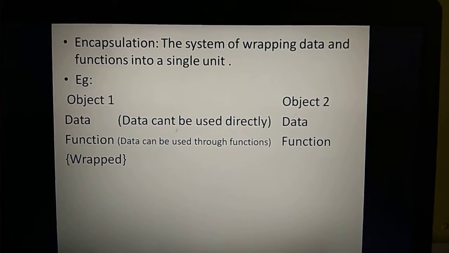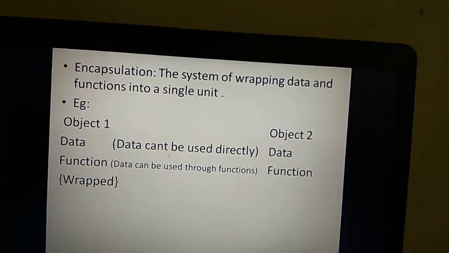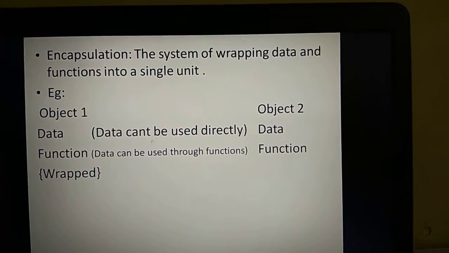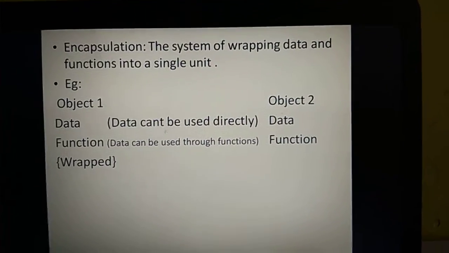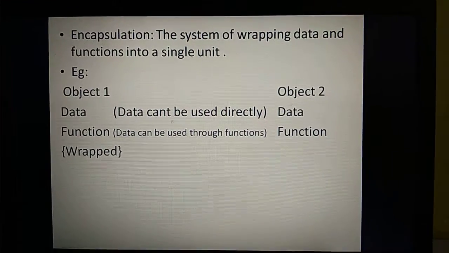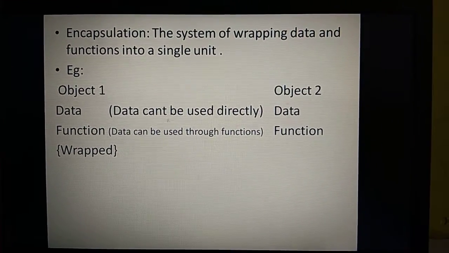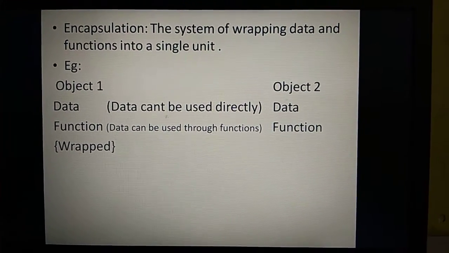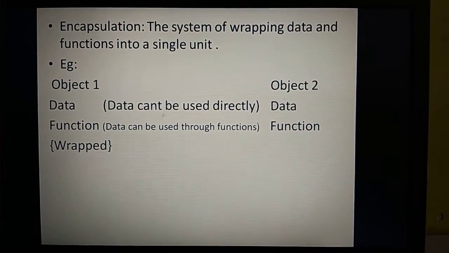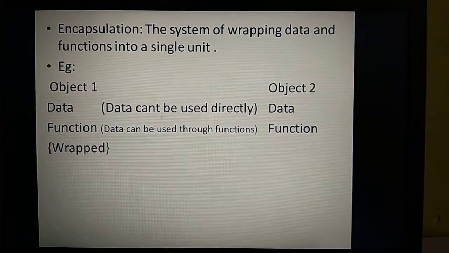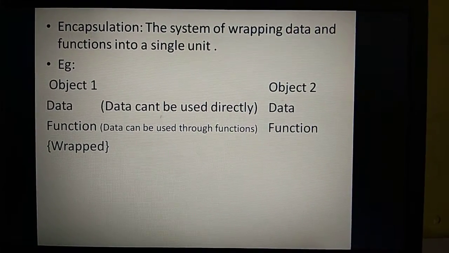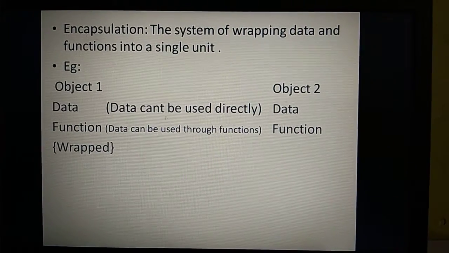Just take an example here. You are considering that you have object 1 and object 2. In your object 1 you have data and function, and in your object 2 you also have data and function. So what is told here? The data of object 1 cannot be accessed directly by object 2.